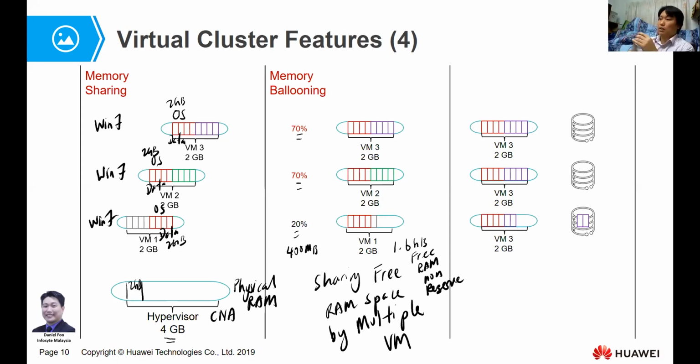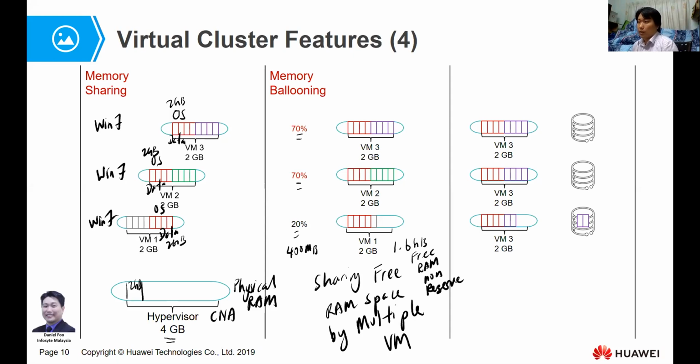This is one of the memory functions used in the virtual cluster. You cannot choose which method to use. Please bear in mind, all these will be a combination of functions to optimize your RAM memory usage. All these are pretty important techniques because they will ask in the exam also.